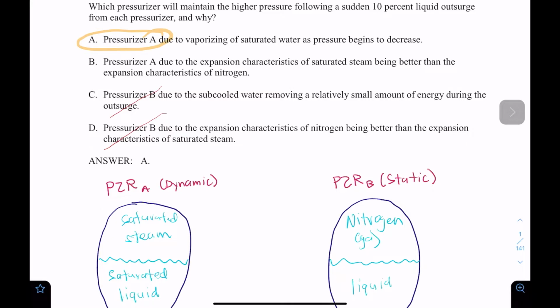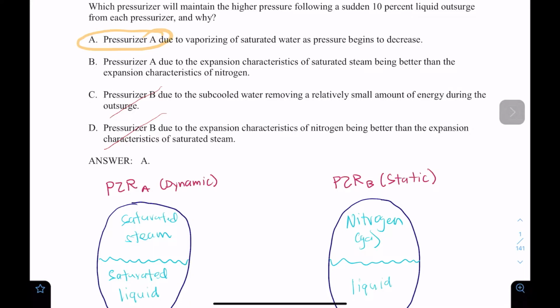So this doesn't happen in a static system, right? So the pressure is going to drop. You just have to use the PV over T formula, which is basically the ideal gas law, to determine a straightforward pressure decrease.